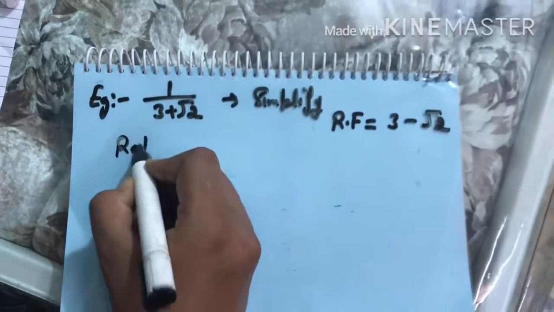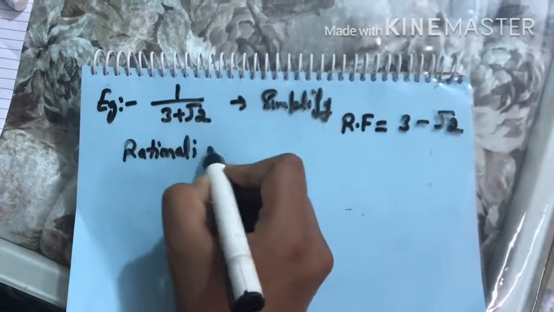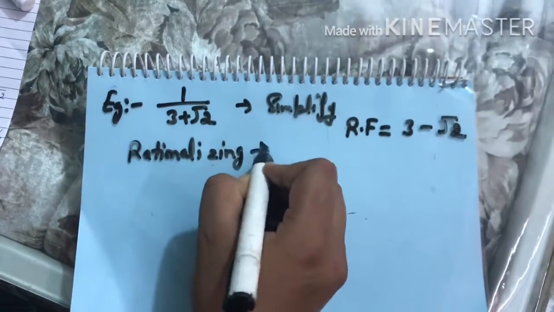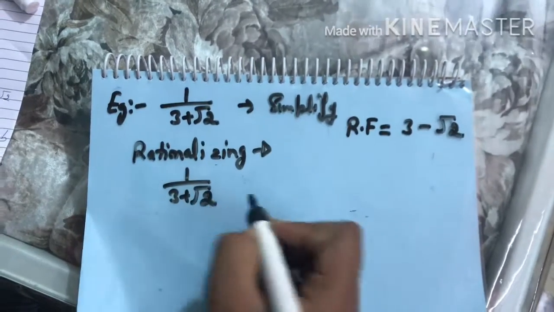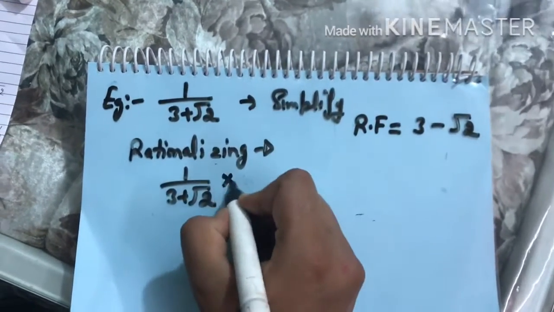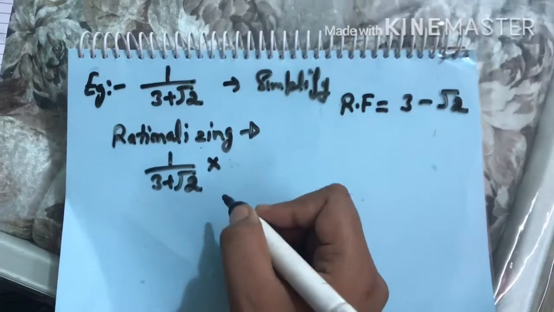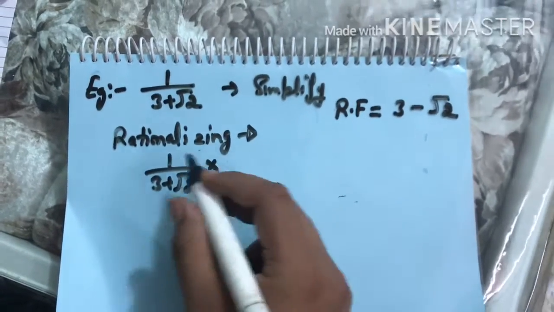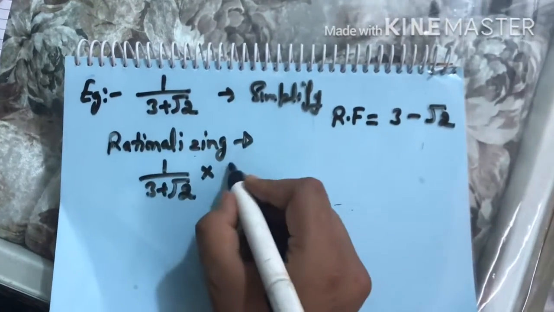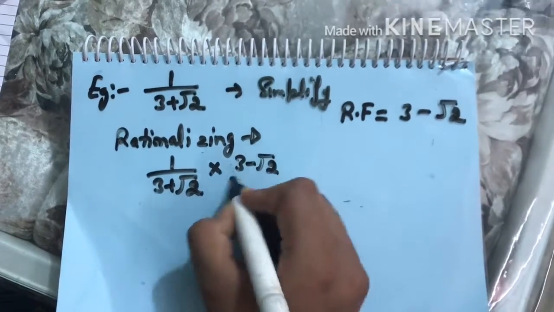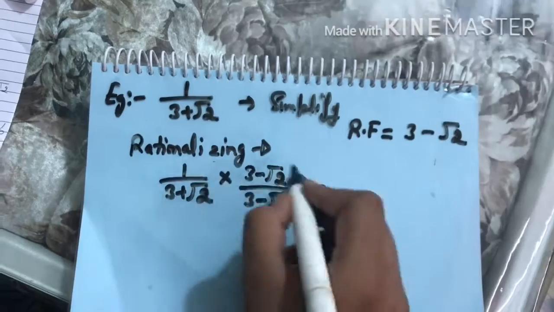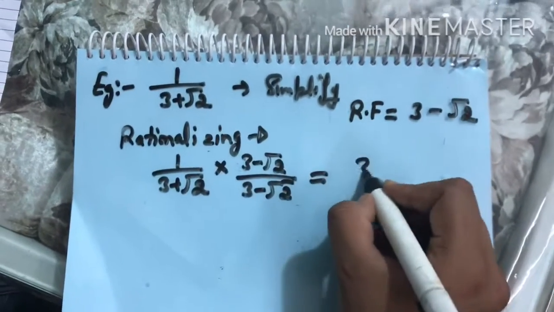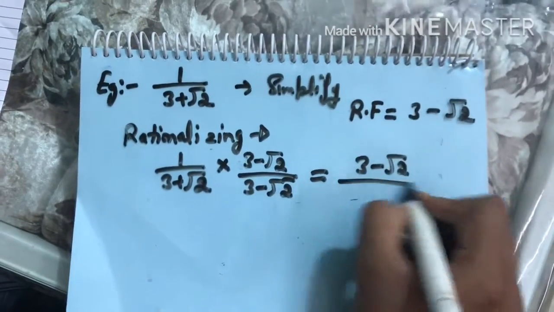Write 1 over 3 plus root 2, and multiply and divide this number by the rationalizing factor, 3 minus root 2. So 3 minus root 2 into 1 becomes 3 minus root 2.